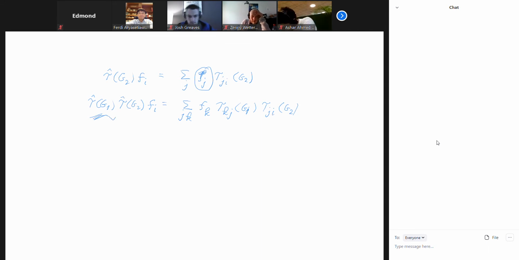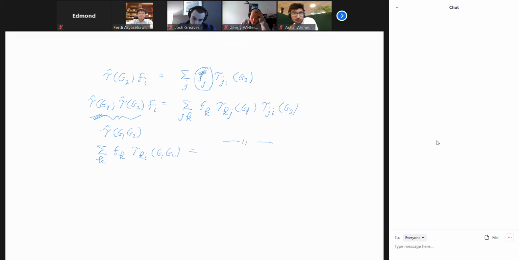So this thing is just another symmetry operator. So that's g1 g2. You can just call it g3 if you like. So then on the left-hand side it's equal to the sum over k of f_k T_ki(g1 g2). And the left and the right-hand side we have as before.